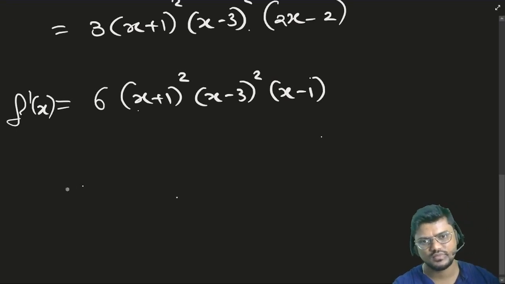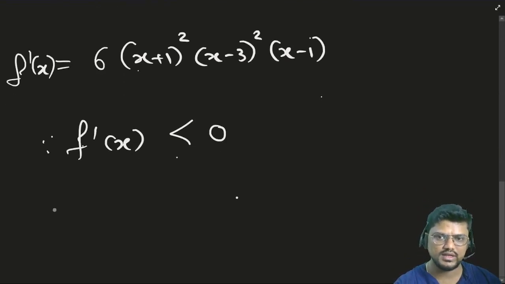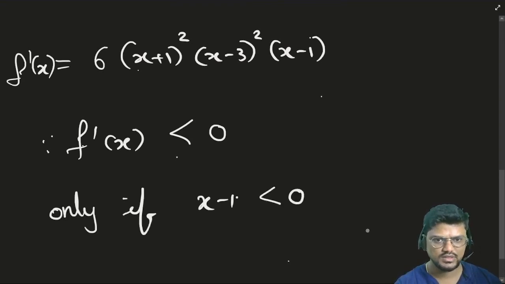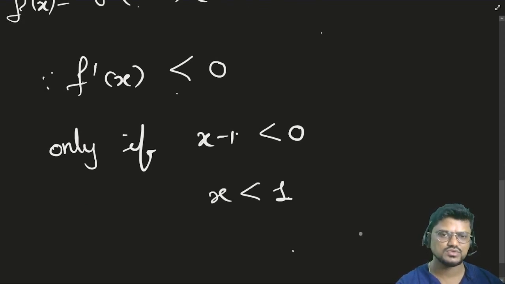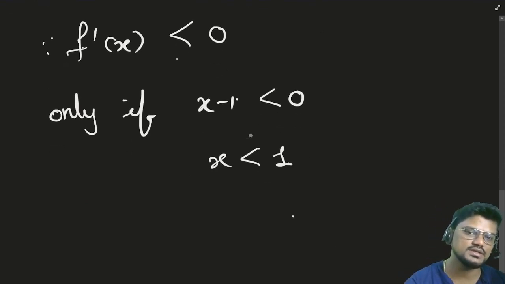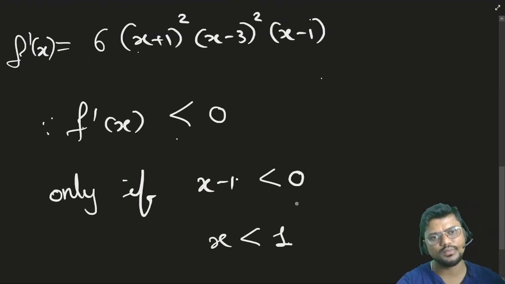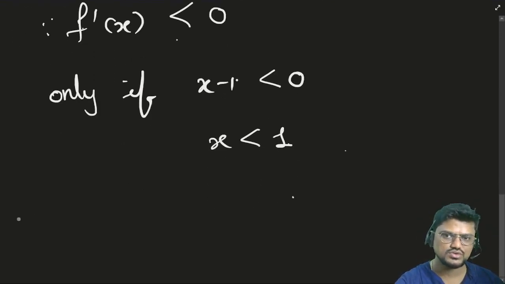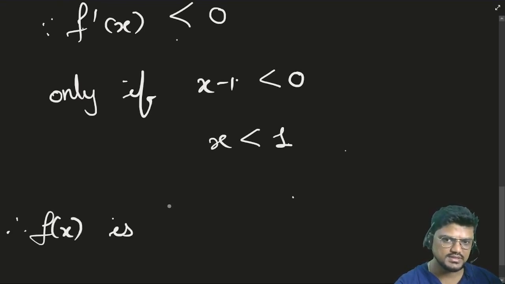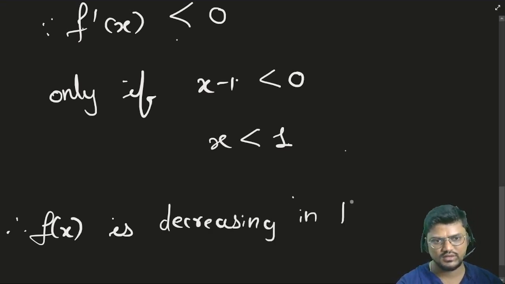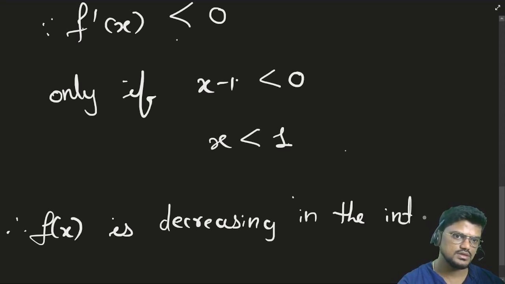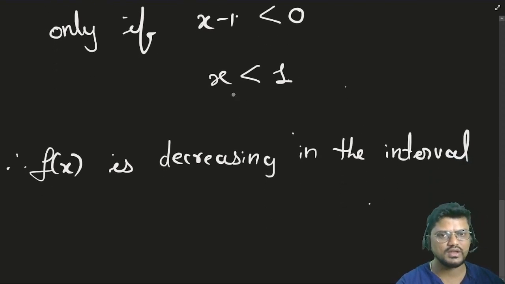That is, f dash of x is less than 0 only if x minus 1 is less than 0, that is x is less than 1. So this is the only place where it is decreasing. For all the rest of the points it is increasing. Got it? So therefore f of x is decreasing in the interval for all the values x less than 1.